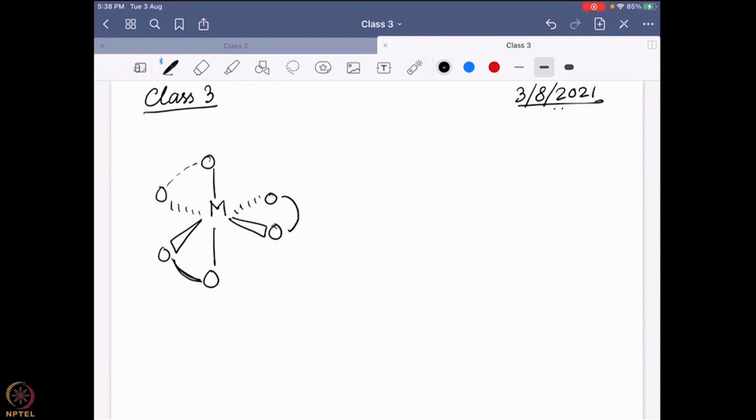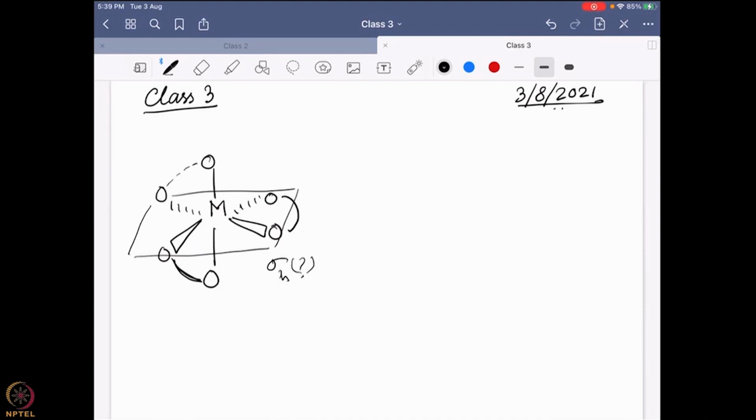So is it possible that plane is the sigma h? If I understood your question, you want to say whether this particular four-oxygen-containing plane is a sigma h or not? Yeah, I feel that it is the molecular plane and sigma h also, because it is perpendicular to the C3 axis. Okay, so let's take a route on that and let's discuss this molecule.